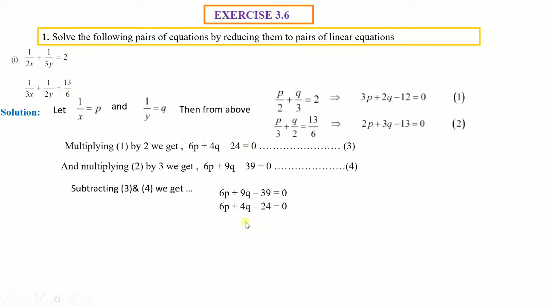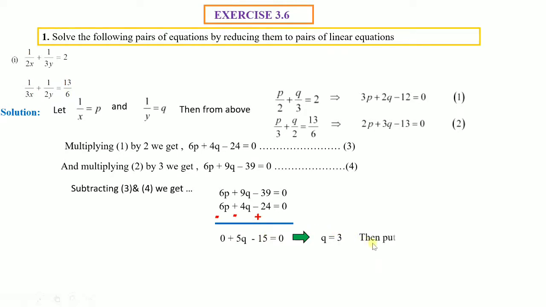As we are subtracting, the signs change, and 6p and 6p cancel. So 9 minus 4 is 5q, and minus 39 plus 24 is minus 15, is equal to 0, which implies 5q is equal to 15, and q is equal to 3.